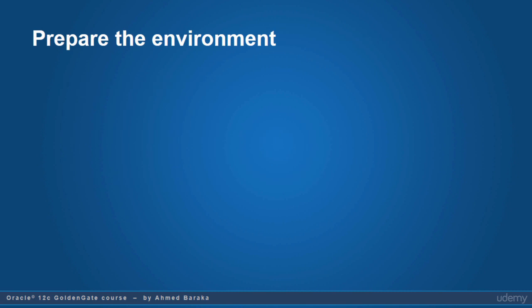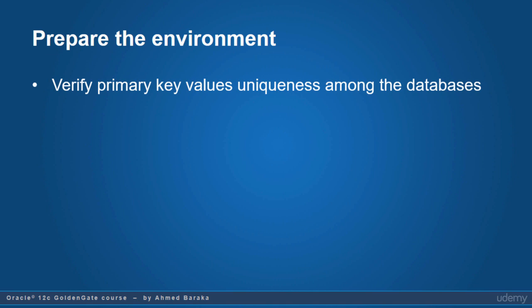Usually, before you configure the Oracle Golden Gate on an environment, you do at least the following actions. You need to study the mechanism on which the primary key values are generated by the applications. If the target database doesn't generate the primary key values, you skip this step. You also should study the NLS settings of the source and target databases and make sure they are compatible.